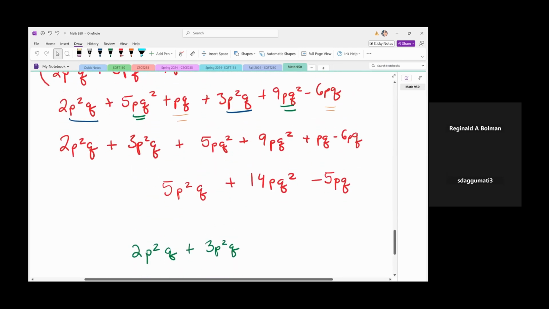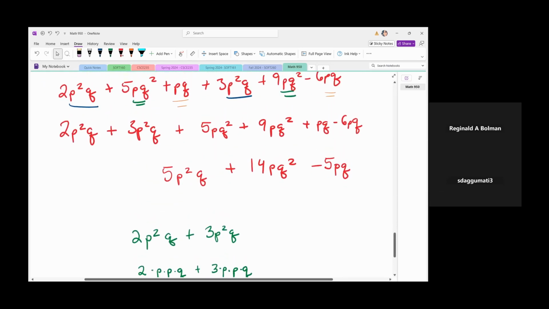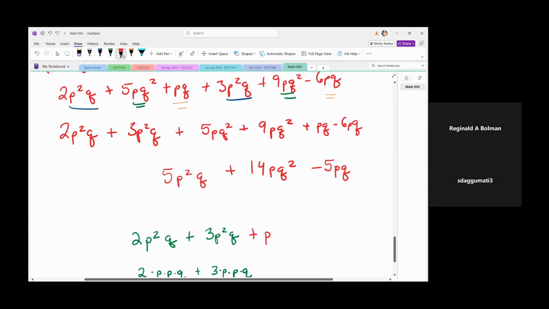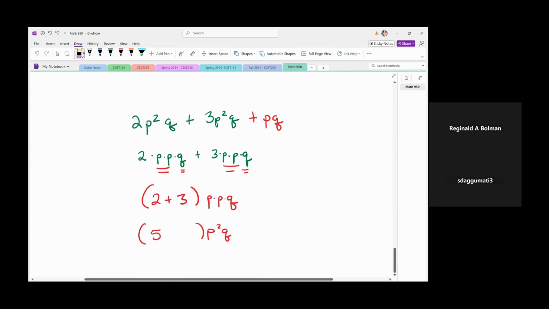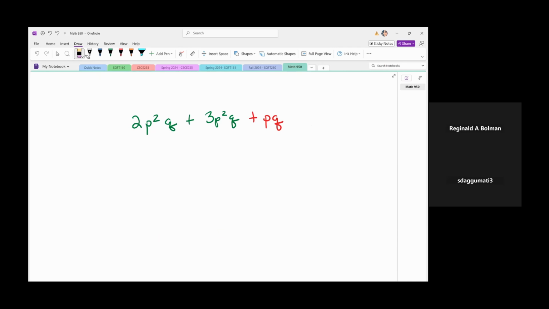Now, if you had tried to add this p squared q term with maybe a pq, here's the problem that you would encounter. The reason you cannot add these terms together, apart from saying they're not like terms, is because of the base terms included in each of these terms.